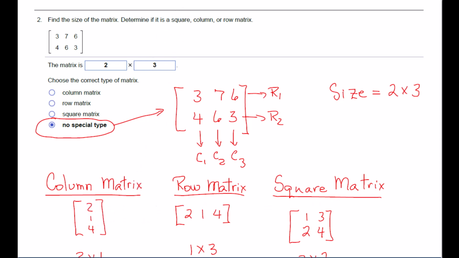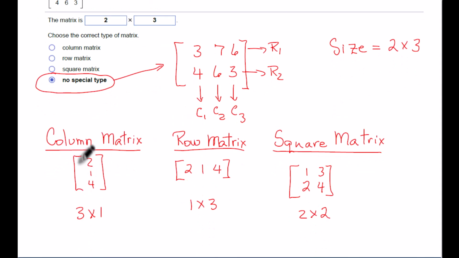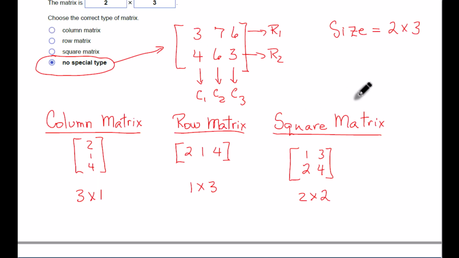Column is exactly like you think it should be, it's just a column of numbers. And row is just one row. And again, square is the same size. But this one is just no special type. It is simply 2 by 3.